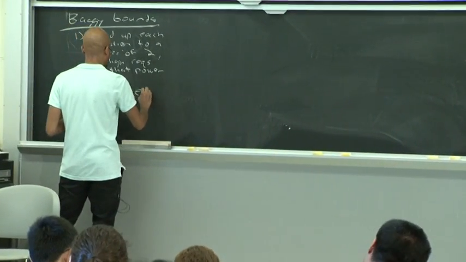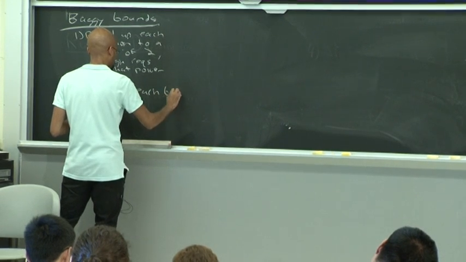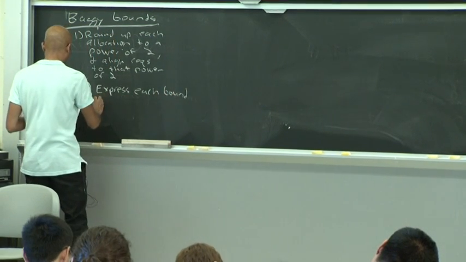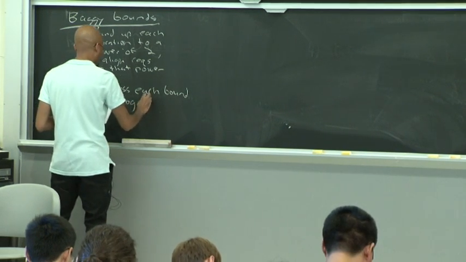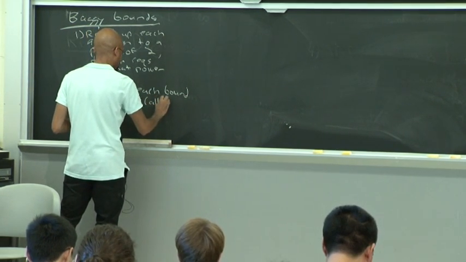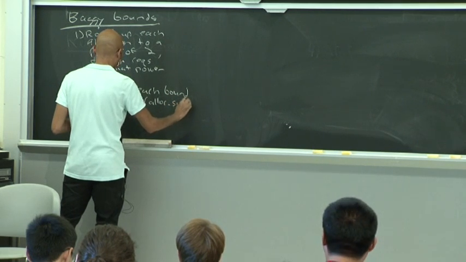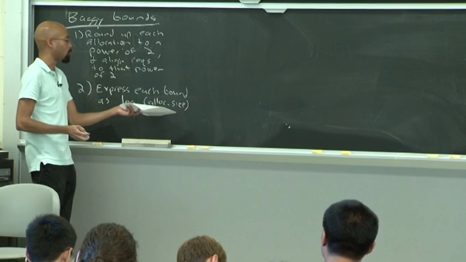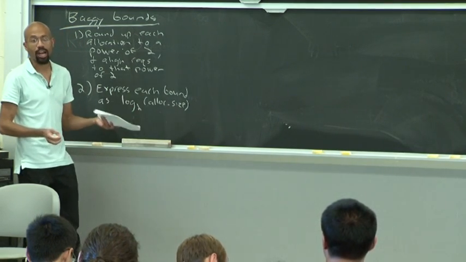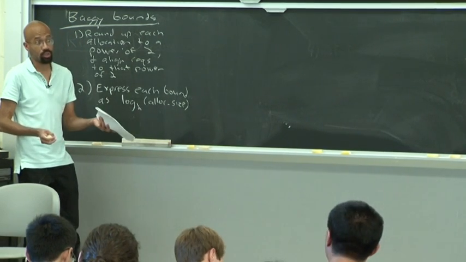And so the second thing that's going to happen in the baggy bounds system is you express each bound as log base 2 of the allocation size. Why can we do this? Well, once again, all of our allocation sizes are powers of 2.